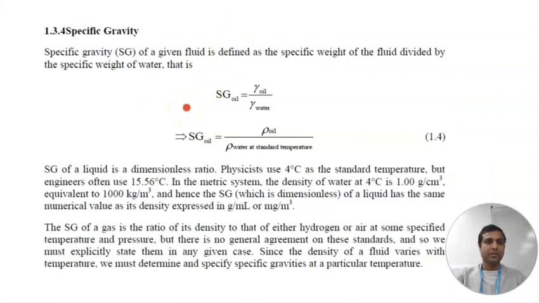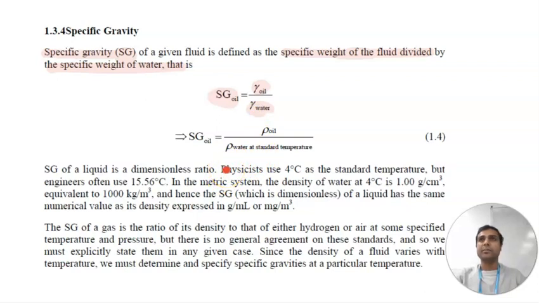The next one is specific gravity. The symbol for specific gravity is Sg. It's defined as the specific weight of the fluid divided by the specific weight of water. Hence, it is specific to water. So the specific gravity of oil is the specific weight of the oil divided by the specific weight of the water.